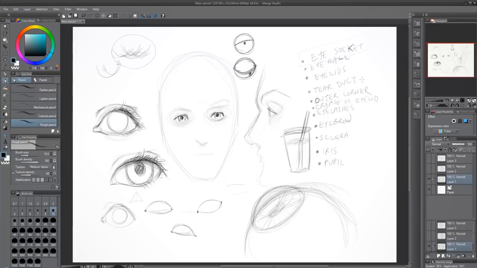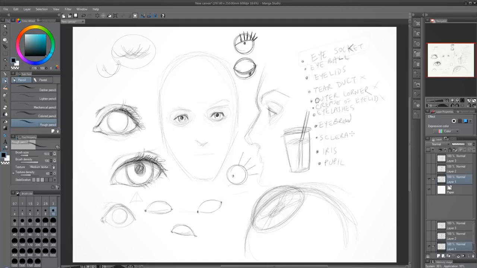But tear ducts pretty much are out for cartoon style. There's no corners with that round thing, so we got rid of the outer corner. Crease of eyelid, usually no. Eyelashes, depends if there's a character that's a girl, but then they do this often. They do this thing with maybe only 3, 4, 5 eyelashes, but they're more straight, something like that.